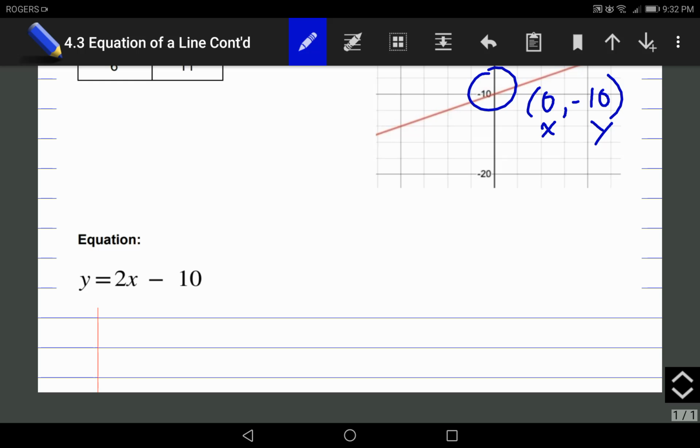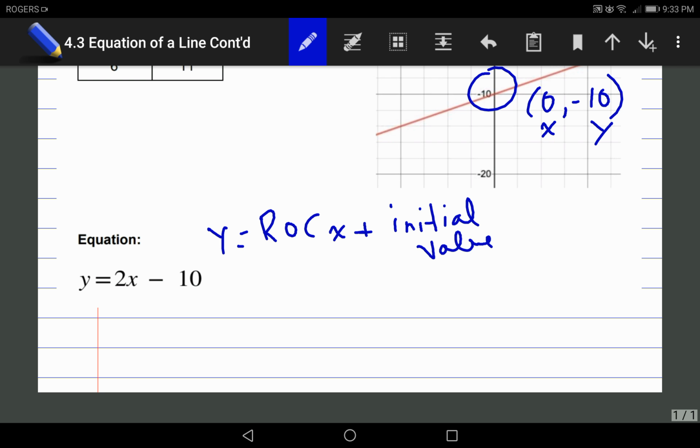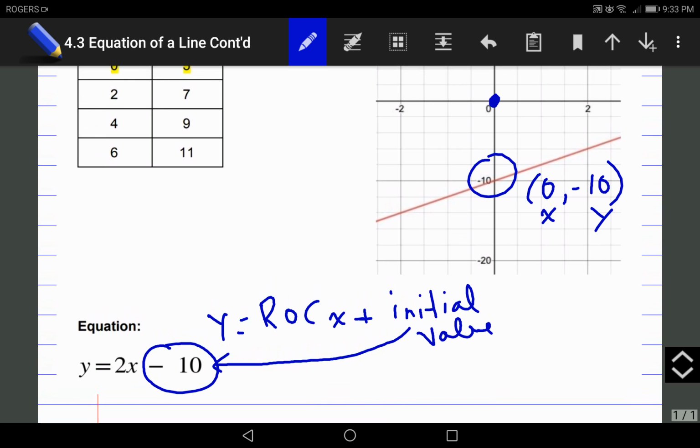As an equation, it is going to actually be in the form of y equals rate of change times x plus my initial value. So there'll actually be a value here. Now in this case, it's negative 10 or minus 10. That means we move the line down 10 units.